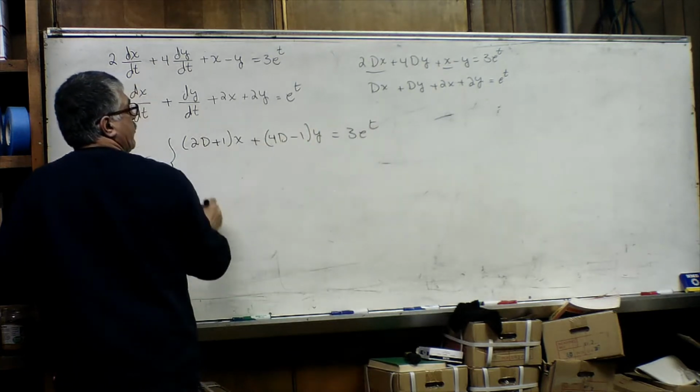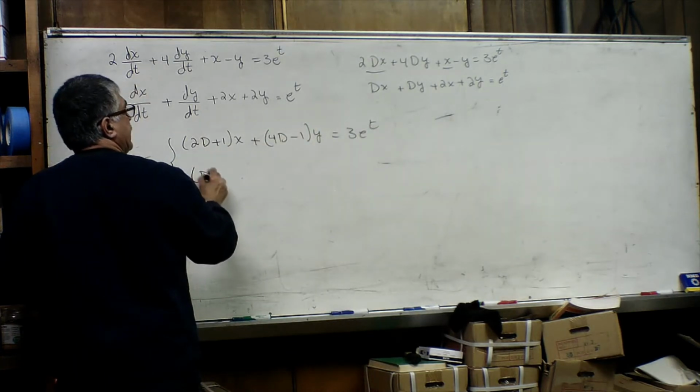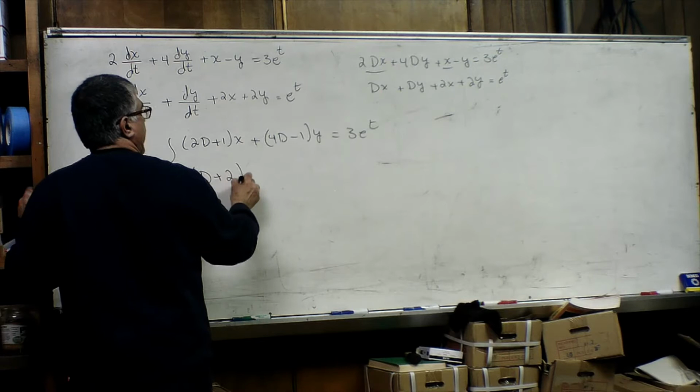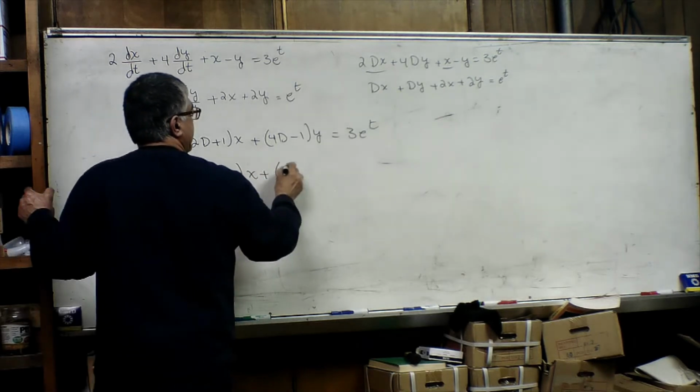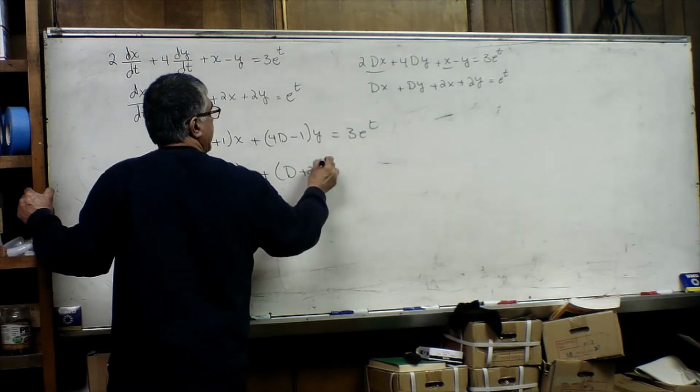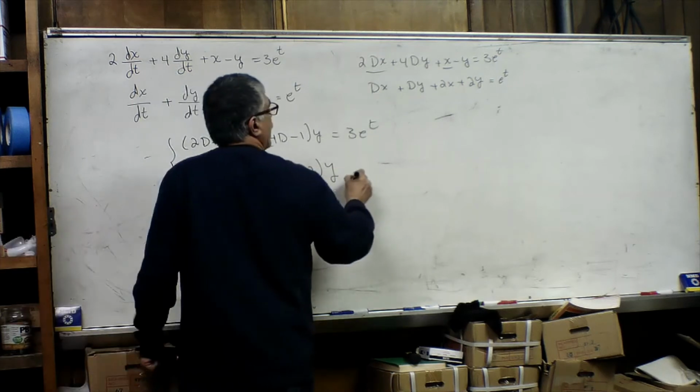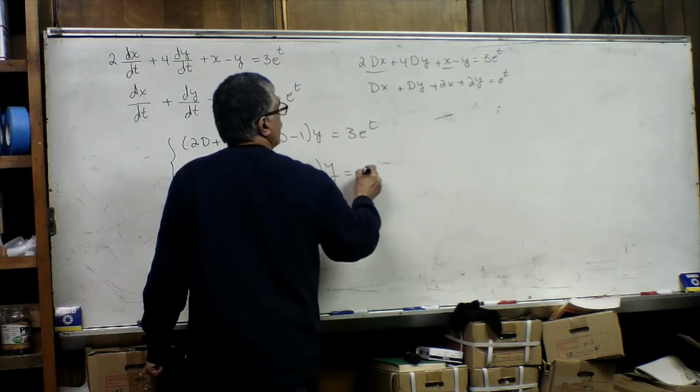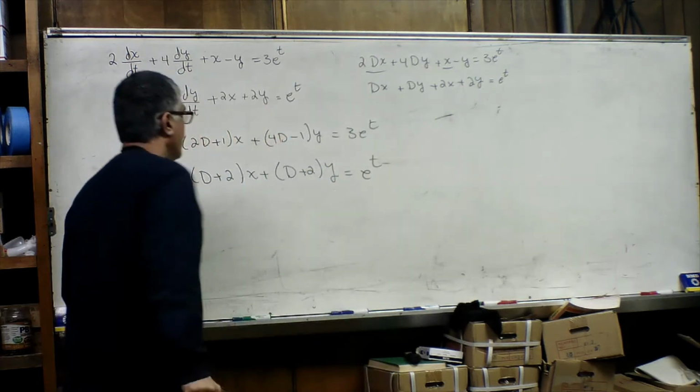And the second equation we can write as (D plus 2)x plus (D plus 2)y is equal to e to the power t.